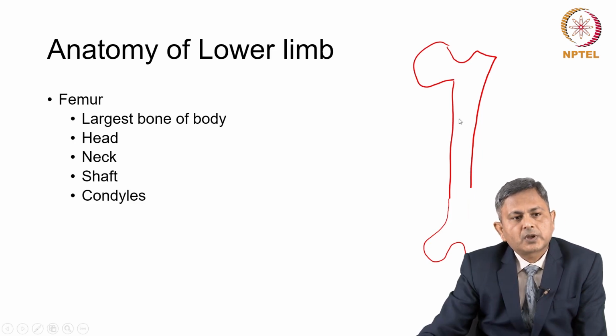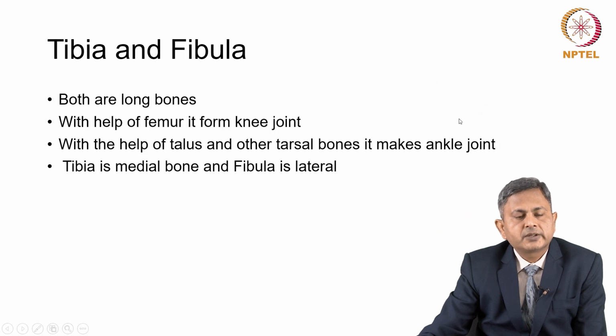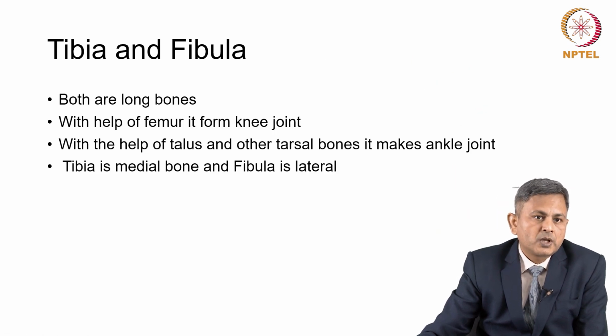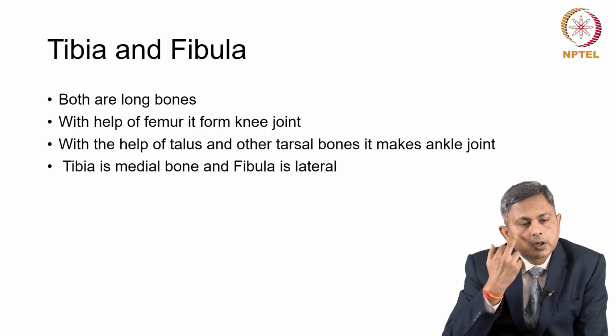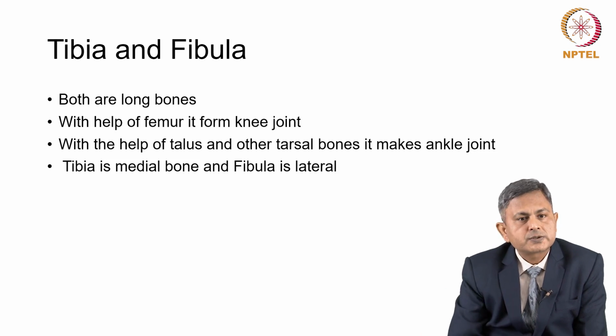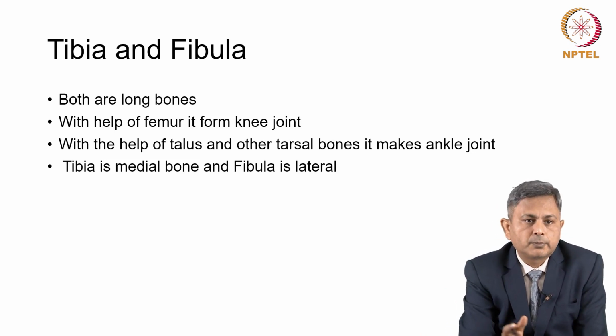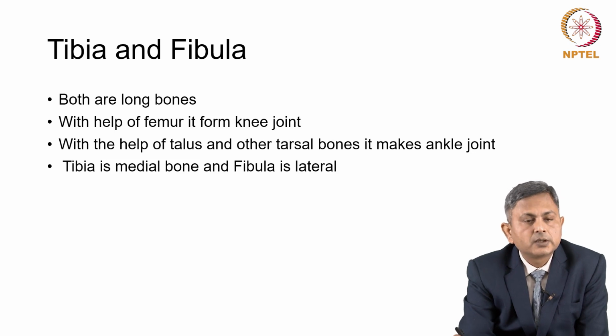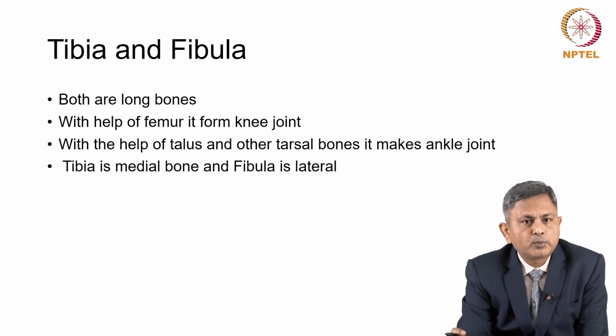Then comes our next bones, the tibia and fibula. These are our calf bones. Tibia is our medial bone and slightly thicker. Fibula is the thinner, lateral bone.